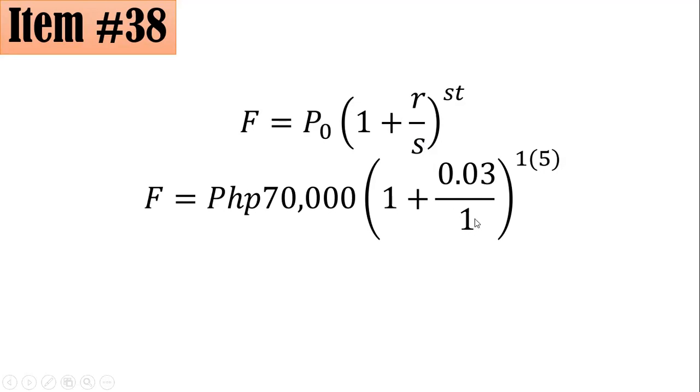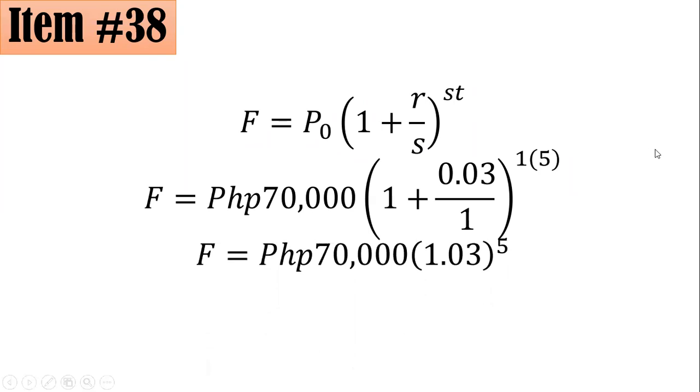You might ask, why 1? Because it's annual. And so all S's were replaced by 1. And your time is 5 years. That's why T is 5. Using your calculator, if I simplify the terms inside your parentheses, it will become 1.03. And the exponent here, 1 times 5, is 5.